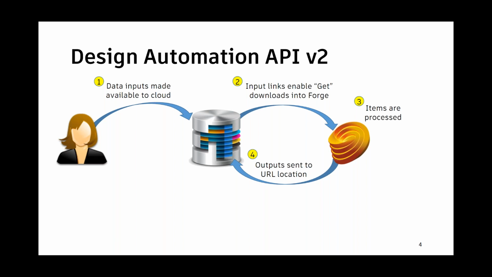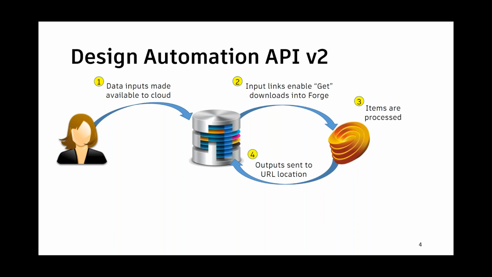But once you have your drawings made available in the cloud, you can then provide design automation with the URLs to your input files. And this enables design automation to go and use a GET to download that data and grab the data it needs for processing. In the third step, the work items are loaded into the engine itself. They're processed.